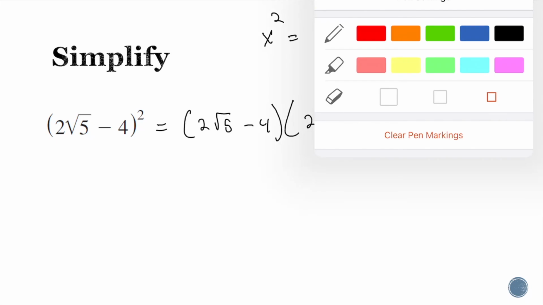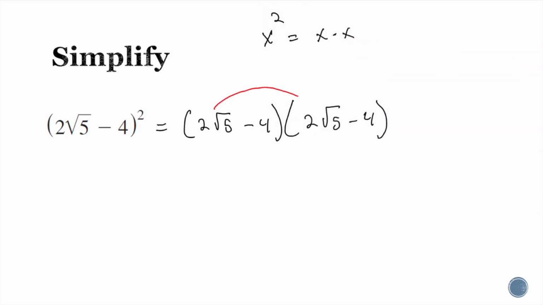So taking a look here, I'm going to use the FOIL method, or a double distribution. I have 2 times the square root of 5 times 2 times the square root of 5, and I will get 4 times the square root of 25 because of 5 times 5. Now I have 2 times the square root of 5 times negative 4, which will give me negative 8 times the square root of 5.